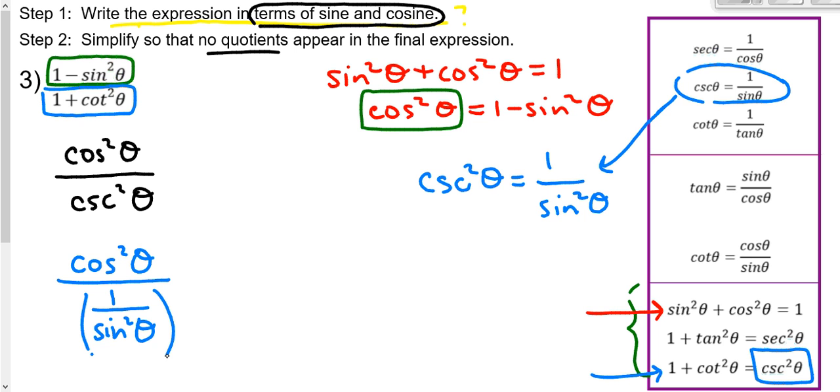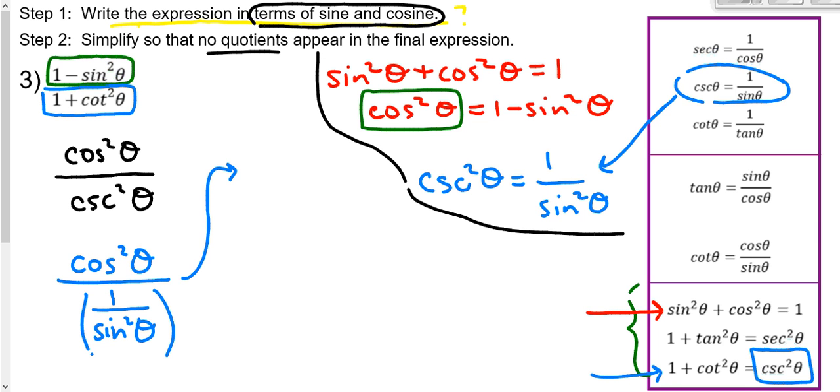So now we have something divided by a fraction, and you know that dividing by a fraction is equivalent to multiplying by the reciprocal. So let's change this to cosine squared theta multiplied by the reciprocal of the denominator, which means multiplied by sine squared theta over 1.